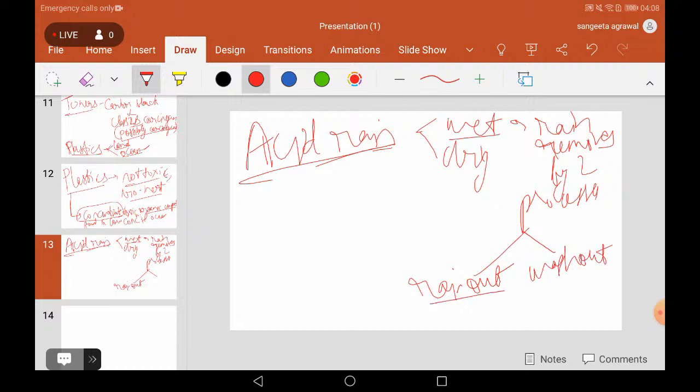Now rain out means particles are incorporated into the cloud drops which fall to the ground, whereas washout means materials below the cloud are swept down by rain or snow that falls, right? So if particles are incorporated into cloud drops and later fall to the ground, that is known as rainout. And if the material below the cloud is swept down by the rain or the snow that falls, it is washed out. Okay, don't go into much detail. So this is about wet deposition.